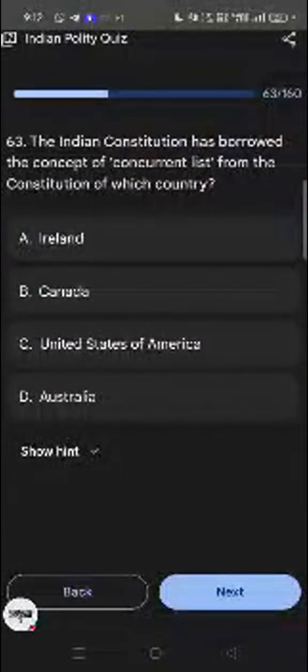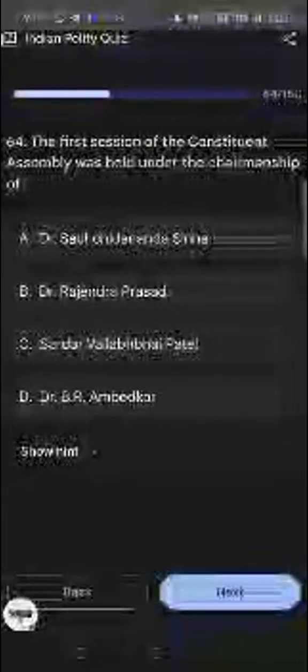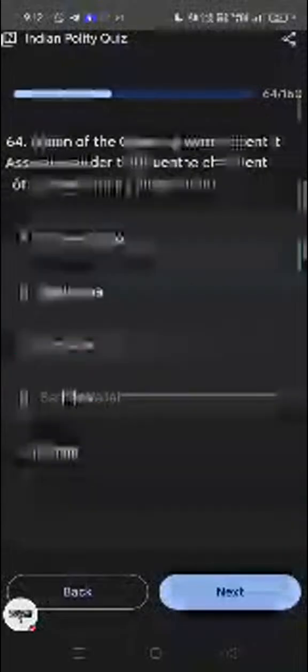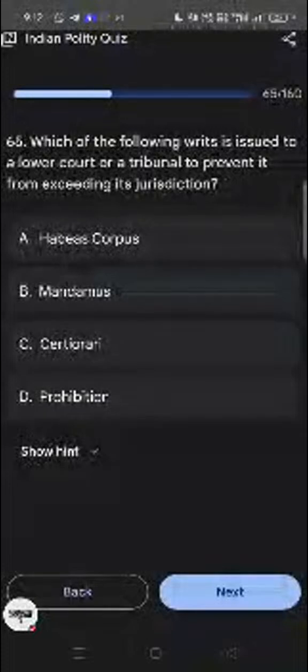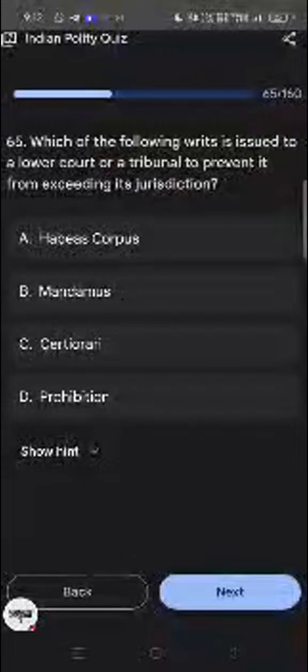The Indian Constitution has borrowed the concept of the concurrent list from Australia. Which writ is used by a higher court to prevent a lower court or tribunal from exceeding its jurisdiction? Prohibition.